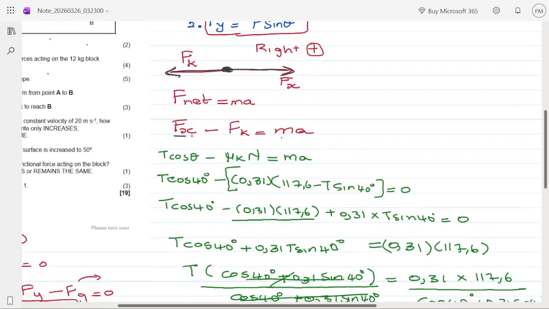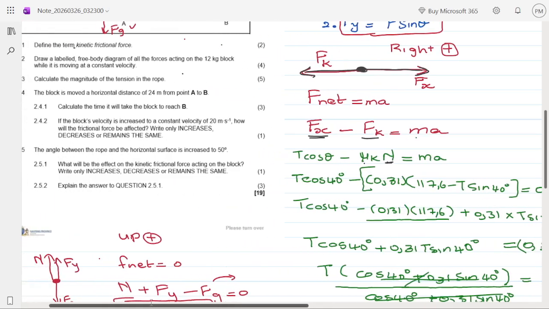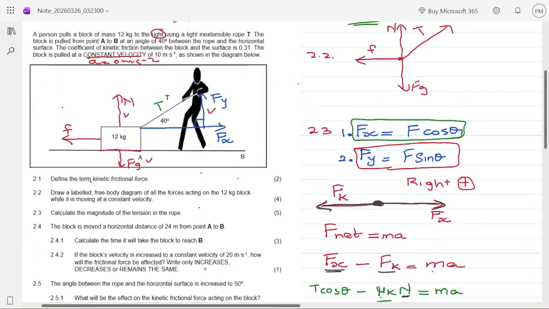Just know what is Fx, which is F cos theta, and what is Fk, uk times normal force. But now we see that the normal force won't equal Fg only. Why? Because the force is pulled at an angle. This tells you that the vertical component Fy will reduce the normal force. I hope you guys understand.